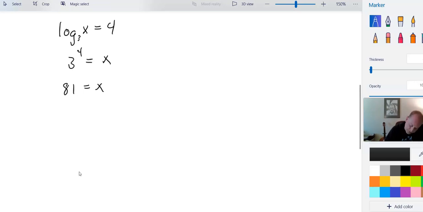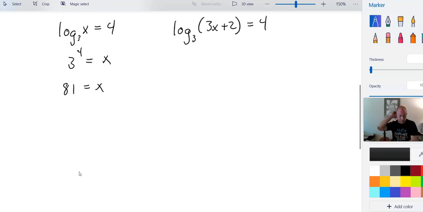So if we up this a little bit and look at something like log base 3 of (3x + 2) is equal to 4, you notice we have pretty much the same setup here. It's just that instead of just an x in here, I have an expression.